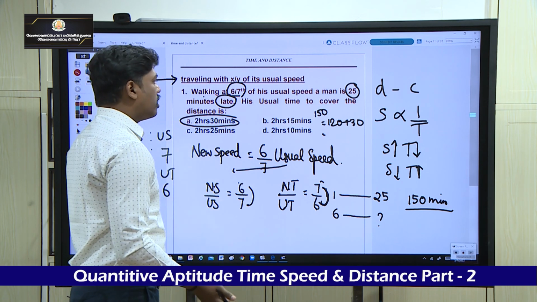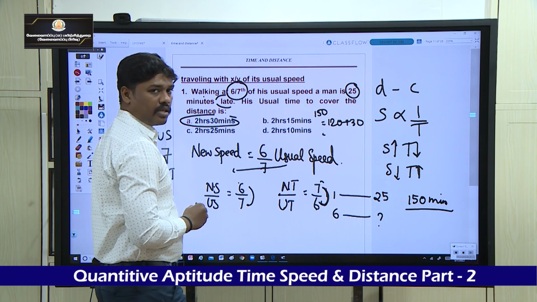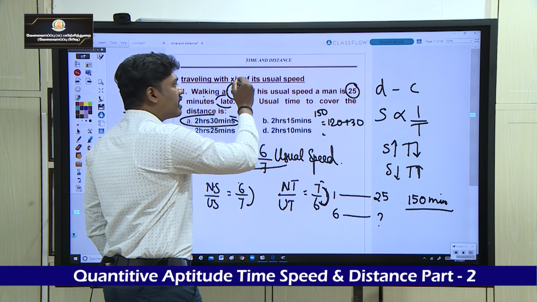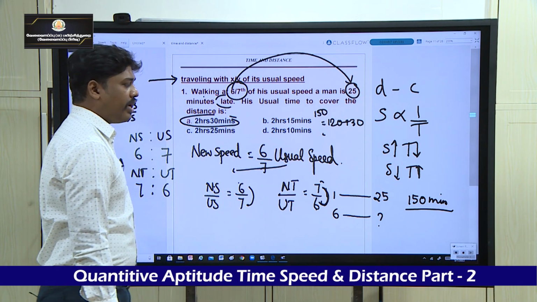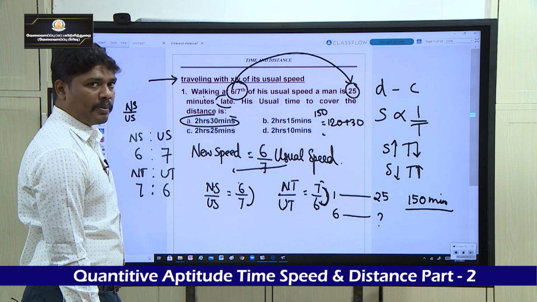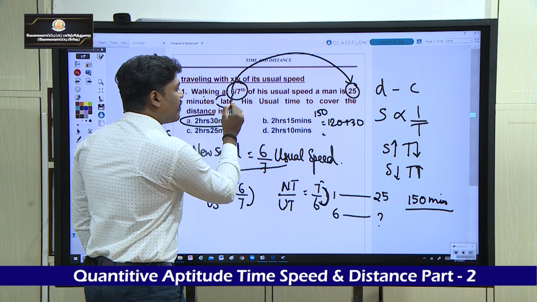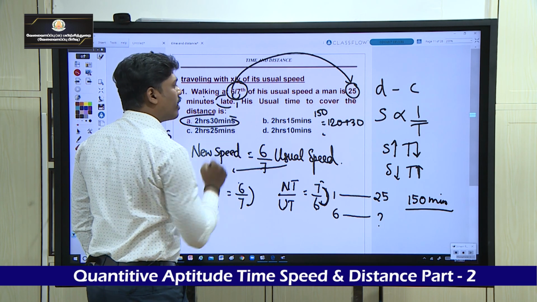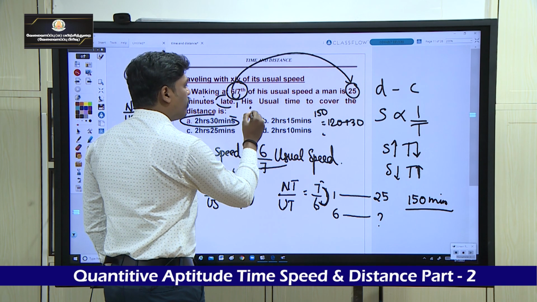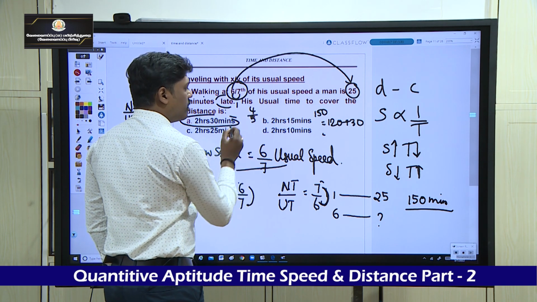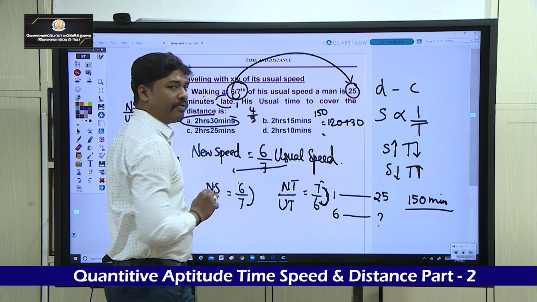Or what we can do here is, look at 6/7. In that, take that 6 and multiply with 25. 6 into 25, you will be getting 150 minutes. We can use this when the difference between the 6 and 7 is 1. For example, if they say walking at a speed of 4/5 of usual speed, the difference here is 1. At that time I can multiply 4 into 25.